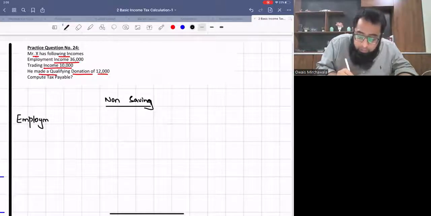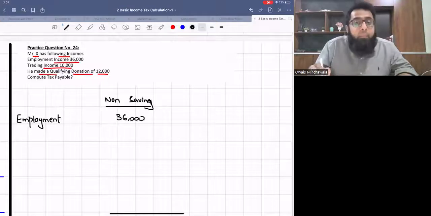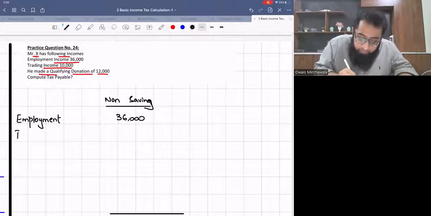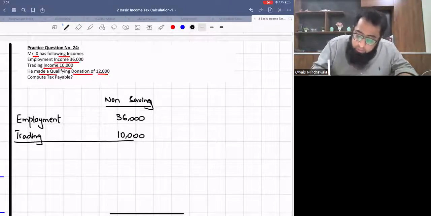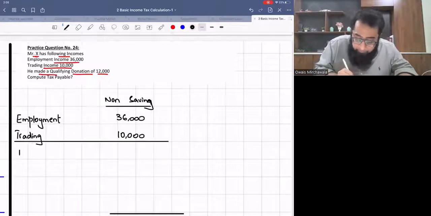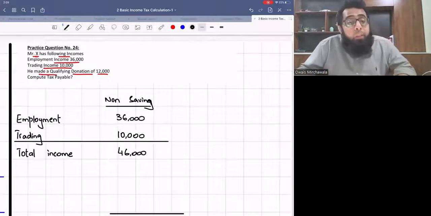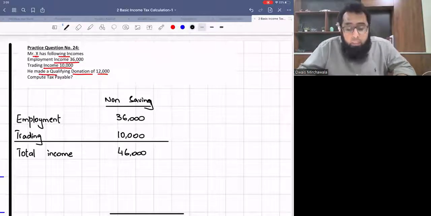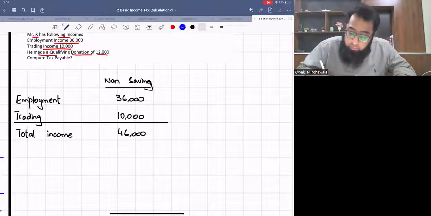The employment income is 36,000. It goes in the non-saving income head. Then we have trading income, and that is 10,000. So if I add up both of the incomes, this gives me total income. The total income is 46,000. There is no qualifying loan interest, so this will also be regarded as net income. Now, in this question, there will be no review of personal allowance.